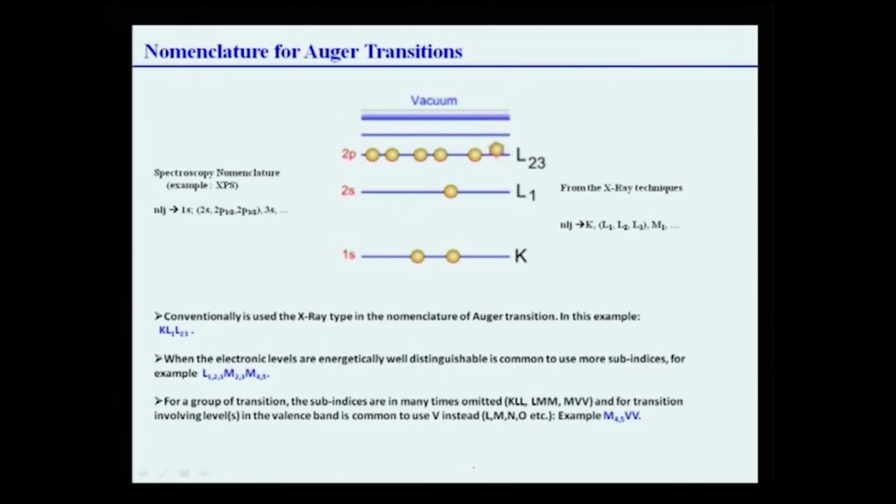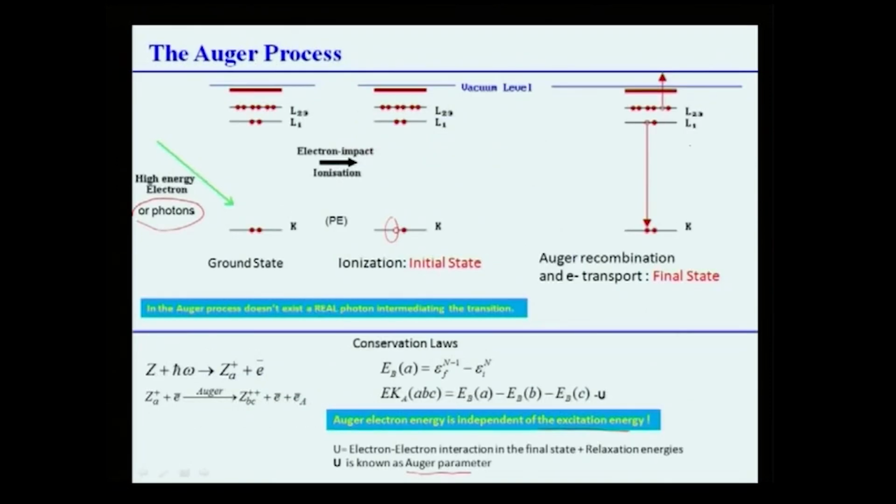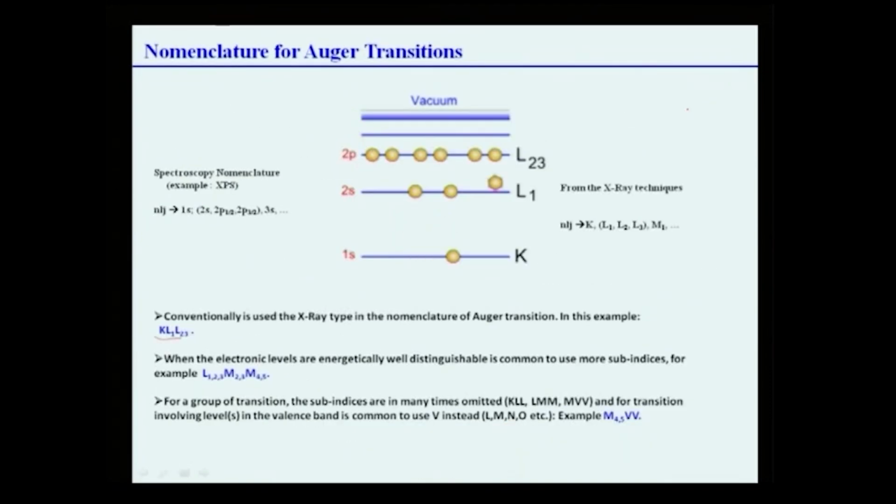This we have seen. So, what happens in Auger? As you see here, the source comes, leaves a hole, an electron comes down, and an electron goes off. That is what is shown. In Auger we use X-ray nomenclature. So, what is this X-ray nomenclature? The conventionally used nomenclature in Auger is X-ray type. For example, K L1 L2,3, that is what happened here. This is a whole transition.